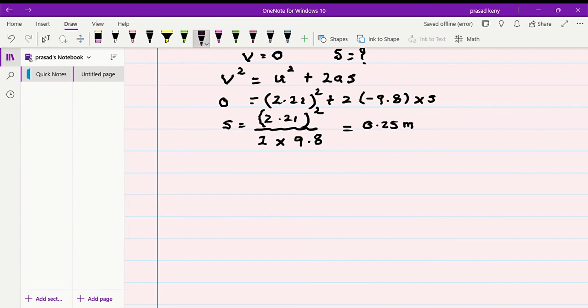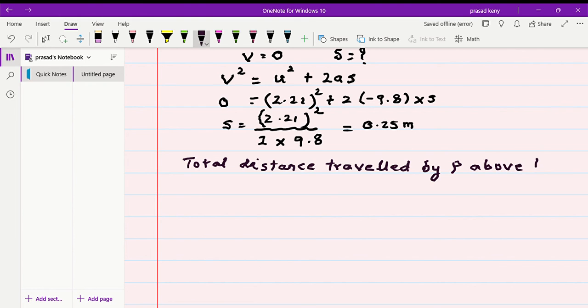So total distance traveled by P above the ground before it comes to rest.